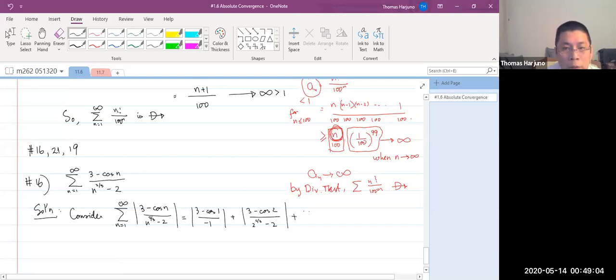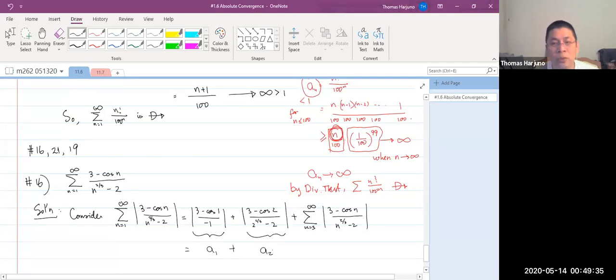So plus the sum from n equals 3 to infinity of (3 minus cosine n) over (n to the power of 2/3 minus 2). Is it okay so far? So the first two terms I wrote up. Let me call this the first term. Of course, that's finite. The second term here.